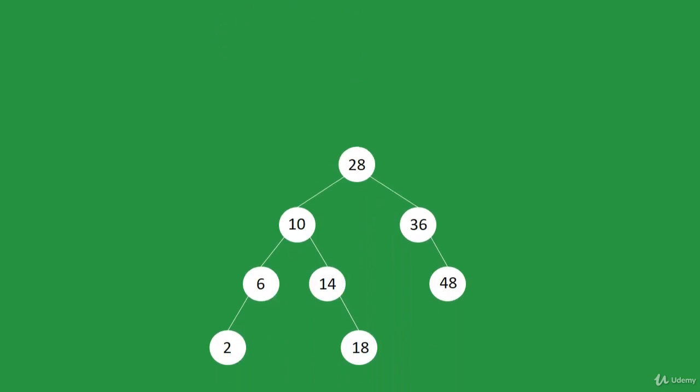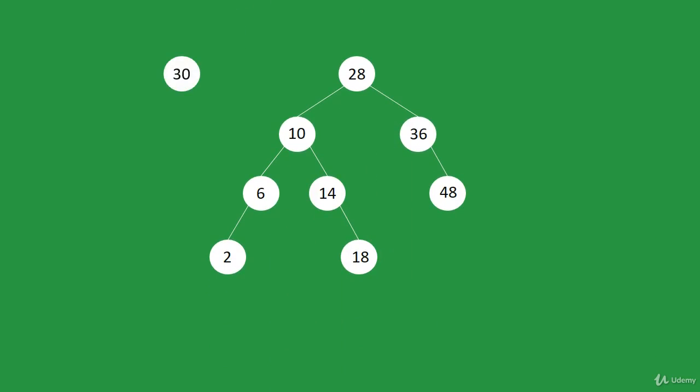Let's add 30. We start from the root and we compare the number that we want to add with the node's value. If it is smaller, we go left. If it is bigger, we go right. We stop when there are no nodes to compare it to. Then we set the value that we are adding as a child of the node that we last compared.